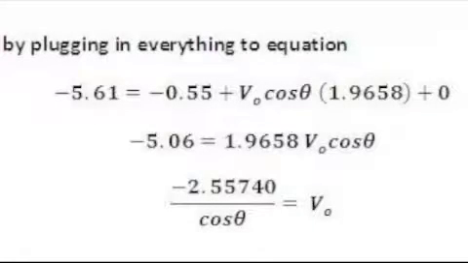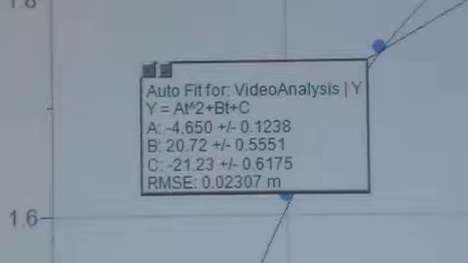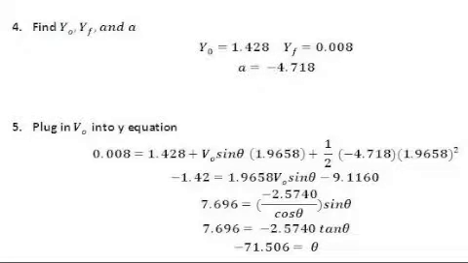We solved for velocity initial by plugging everything into our equation. So our velocity initial equals negative 2.55740 over cosine theta. Acceleration is negative 4.650 meters per second squared. We plugged in velocity initial as well as y initial, y final, and acceleration into our y equation to get negative 71 degrees.